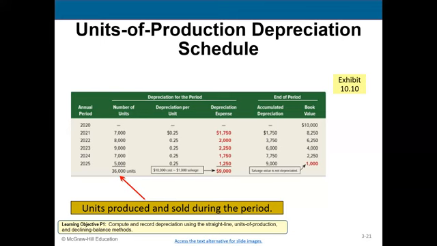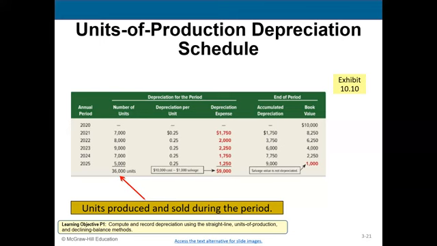The second year, 2022, I produced 8,000 pairs of shoes times the 25 cents is 2,000. 9,000 in 2023, that's 2,250. 7,000 in 2024, that's, I'm sorry, 1,750. 5,000 pairs in 2025, it's 1,250. You see, so it's based off of the number of pairs of shoes being produced each year times the depreciation per unit.